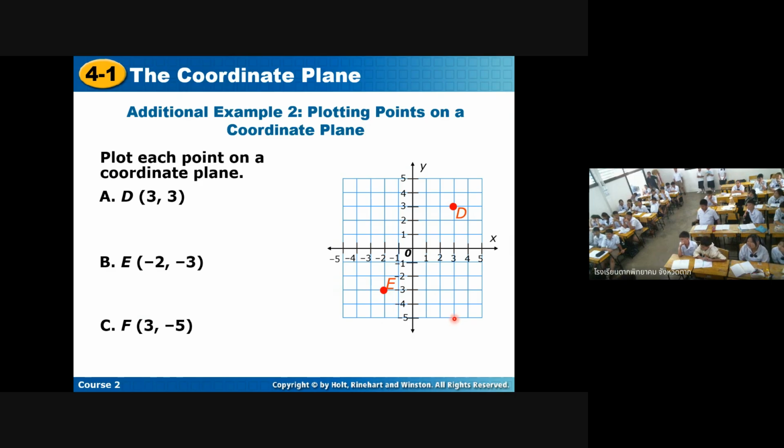Okay. Again, we're dealing with the x value, which is 3, right? And we have the y value, which is negative 5. And it's that point. That is where point F is. Do you understand? Next.